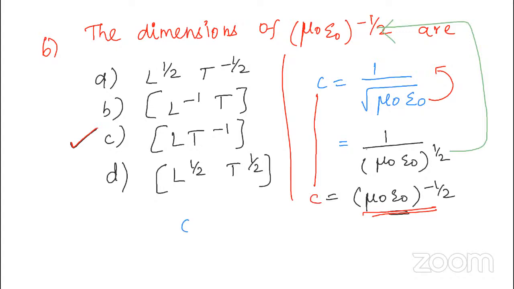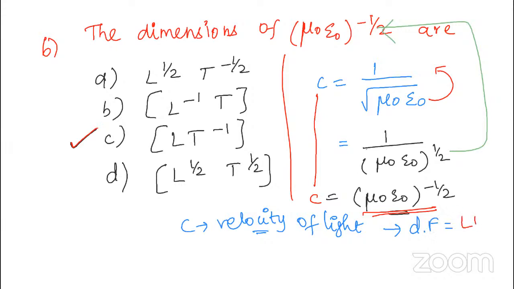What is meant by C? Which is nothing but velocity of light. Okay. So velocity of light க்கு நம்மளுக்கு values தெரியும் இல்லையா? What is the dimensional formula for velocity of light? It is L T power minus 1. So இங்க ஆப்ஷன்ல அந்த values எங்க இருக்குன்னு பாருங்க.